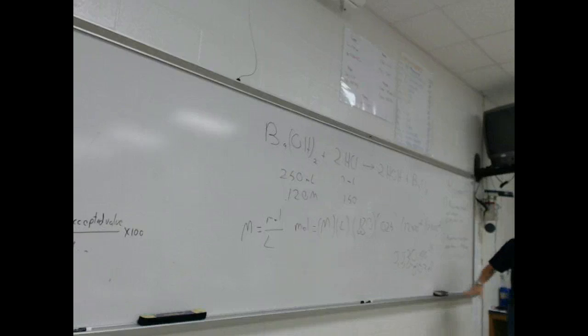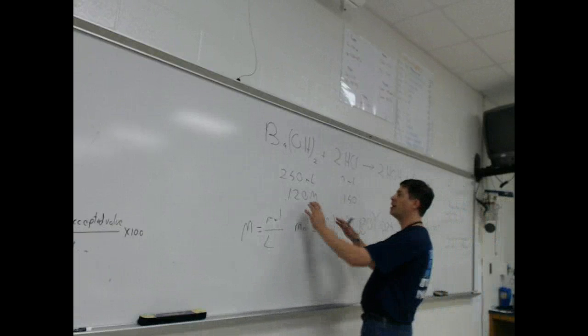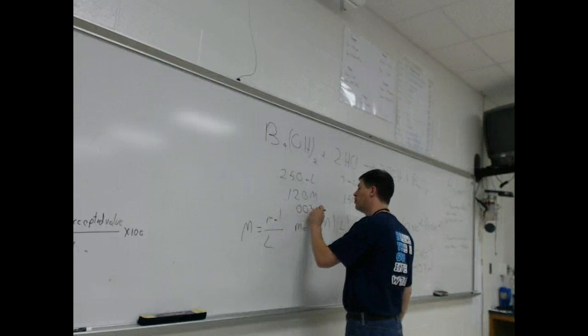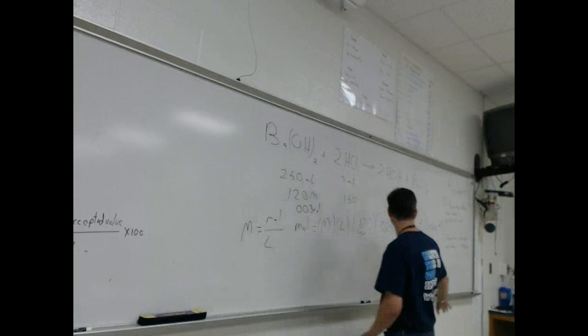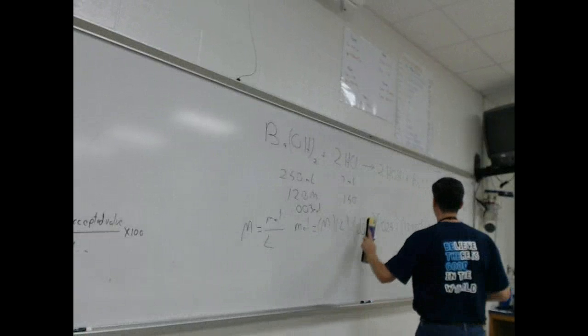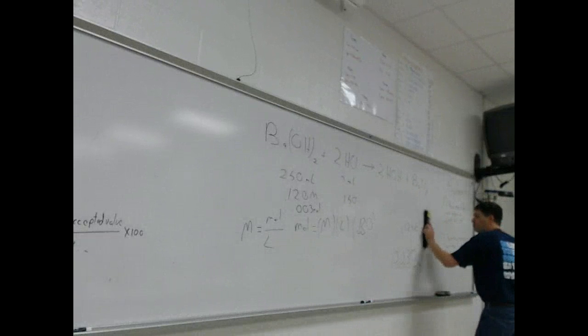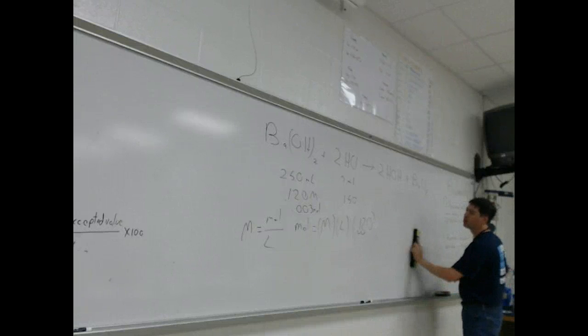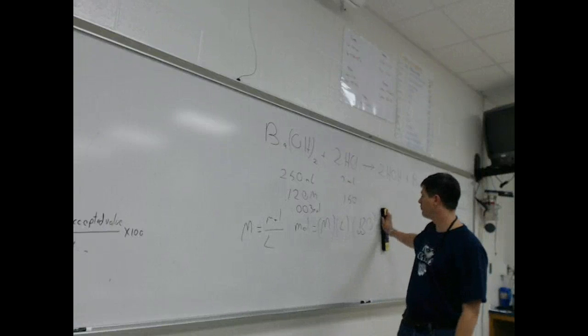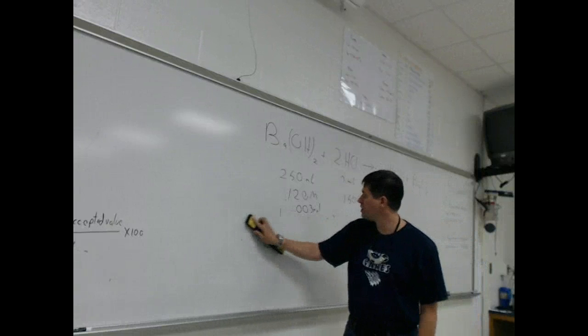So we've got 0.003 moles of barium hydroxide. I'm going to write it right here, 0.003 moles. What's the next step? Now that we know the moles of one reactant, what do we have to do? Ratio. Good.